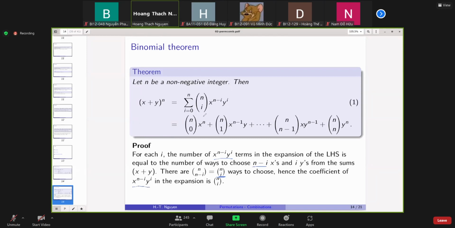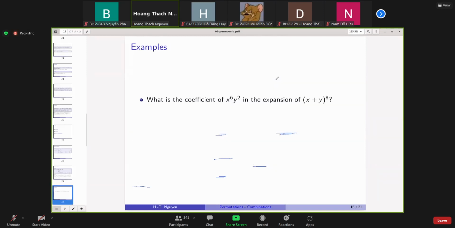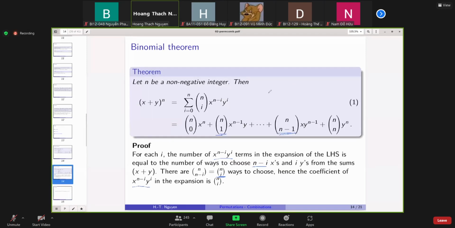And since these numbers appear in this formula, they are also called the binomial coefficients, in Vietnamese, hệ số nhị thức.